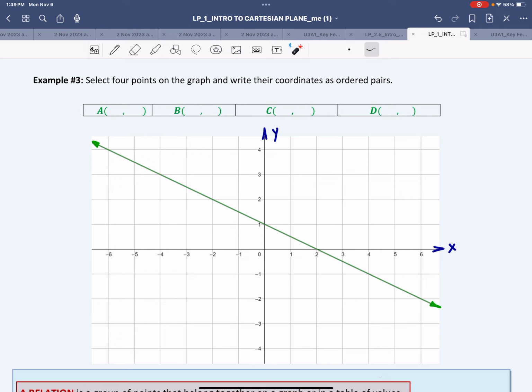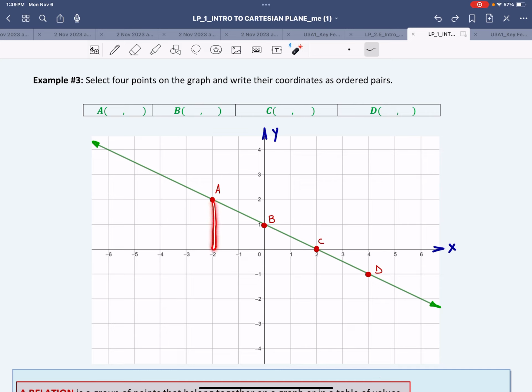Before we get to the formal definition of relation, let's determine the coordinates of the points A, B, C, and D. So I selected as point A, the point with coordinates negative 2, 2, and points B, C, and D as indicated on the graph.